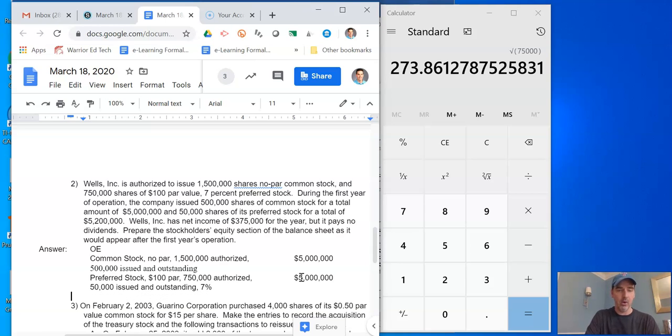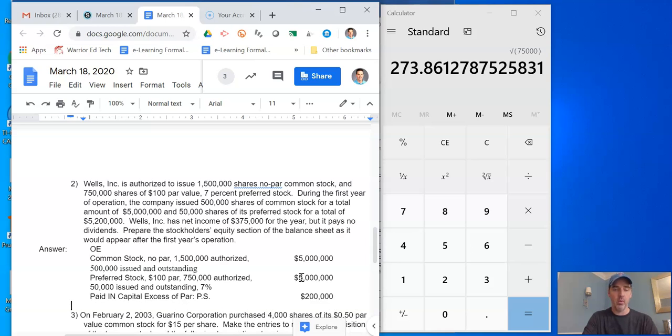stock account. And then the paid, and I'll just abbreviate here, I'll write it out like paid in capital excess of par for the preferred stock. That's the other amount, so that would be the other $200,000.